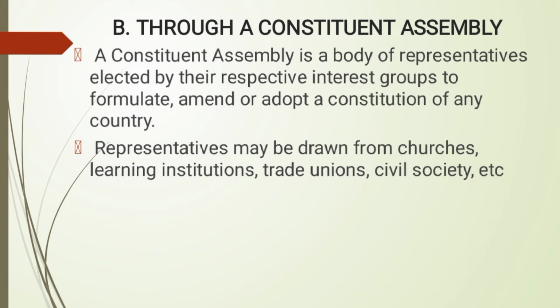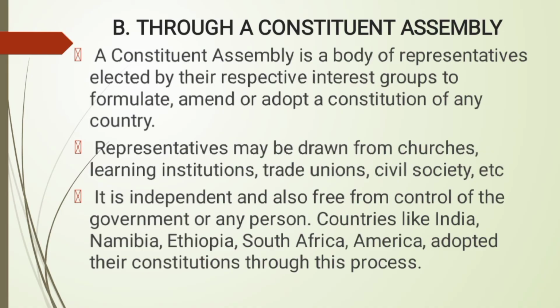Representatives may be drawn from churches, learning institutions, trade unions, civil society, and so on, as it was described under the constitution making process. It is independent and also free from control of the government or any person.